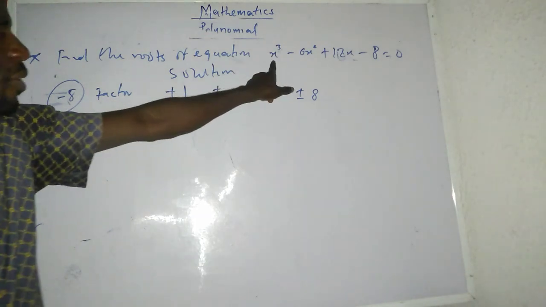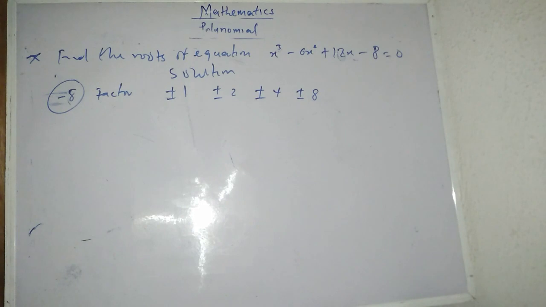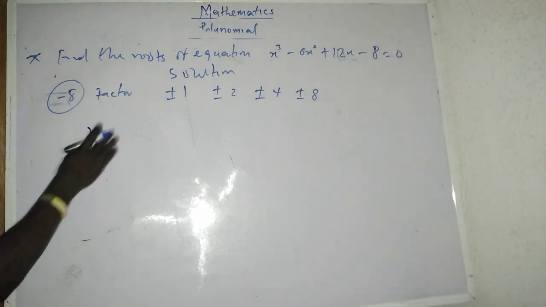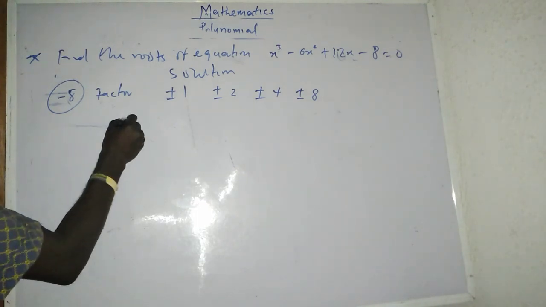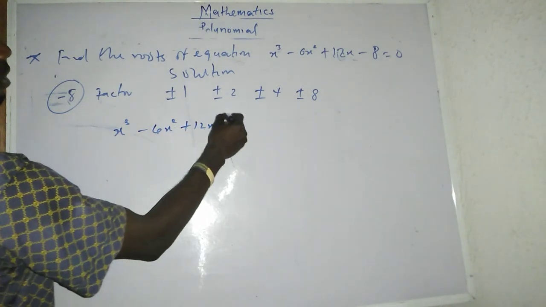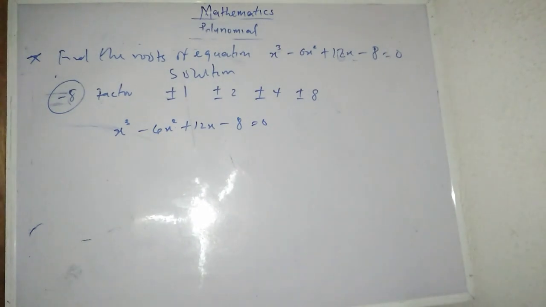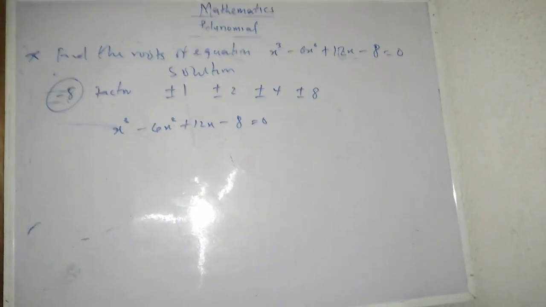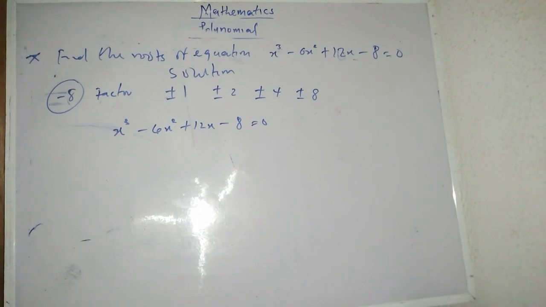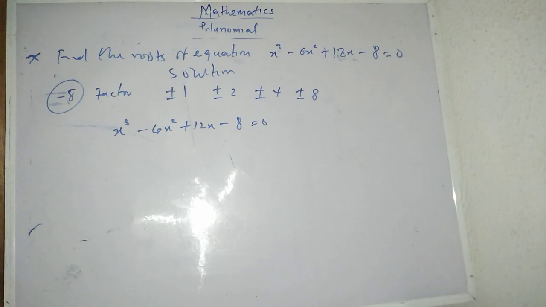If I put 1 here, can it be equal to 0? The answer is no, because I'll be having 1, 6, 12. Sorry, I have x cubed, 6x squared, 12x, minus 8, equals 0. If I put 1, it can never work.